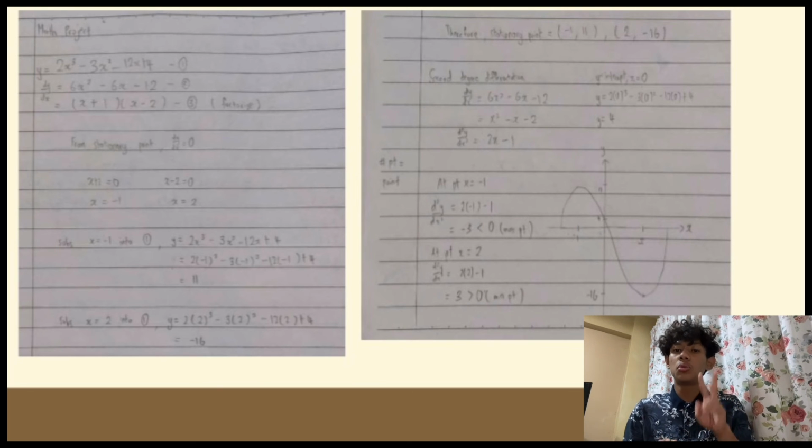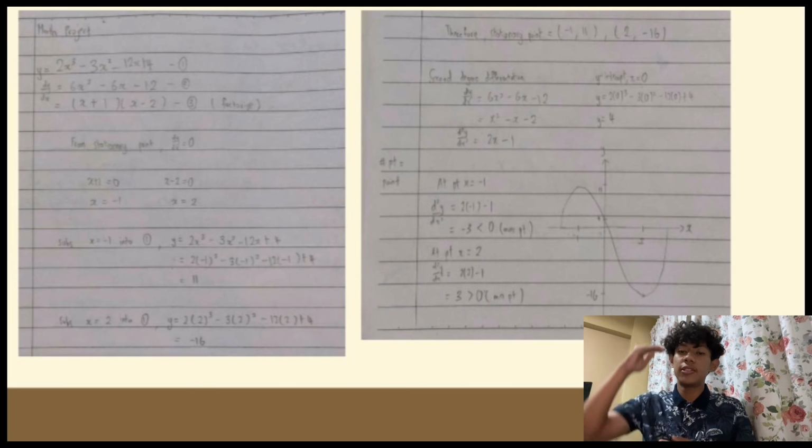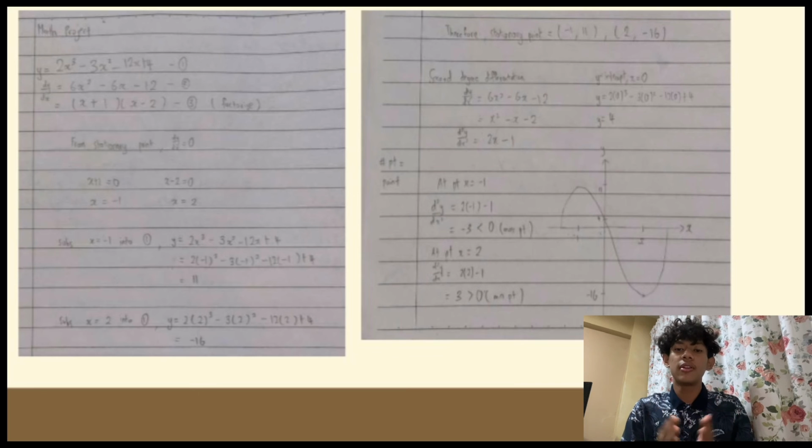Therefore, (2, negative 16) is the minimum point because the second derivative is more than 0. Then (negative 1, 11) is the maximum point because the second derivative is less than 0.